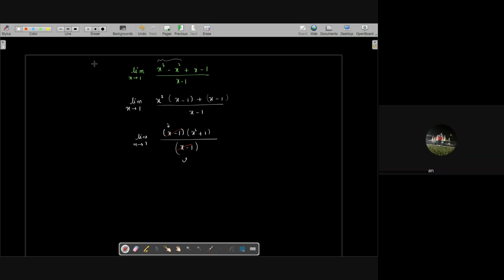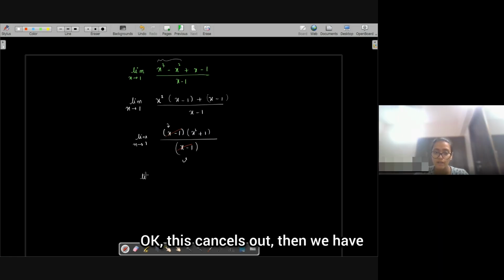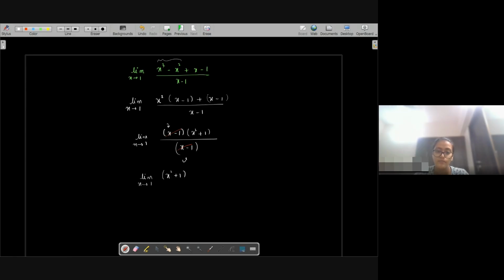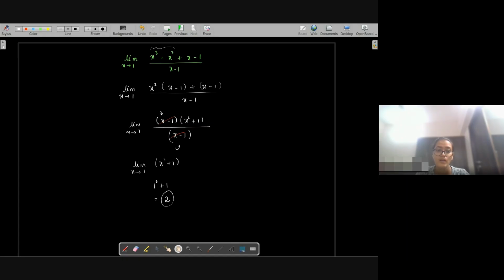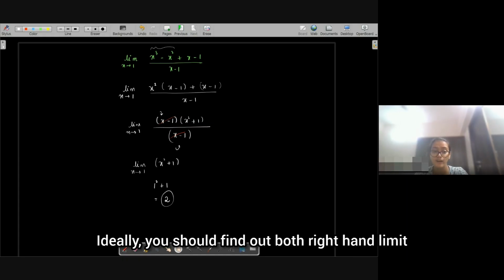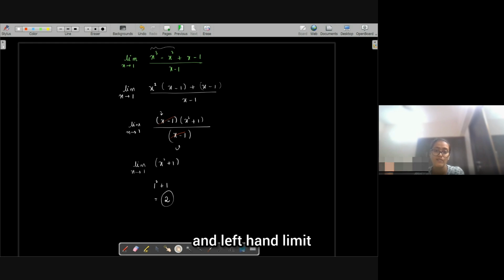Okay, this cancels out, then we have x squared plus 1. Now if you put x equals 1, this will be 1 squared plus 1, so that will be 2. Now, although we are getting 2, ideally you should find out both the right hand limit and left hand limit.